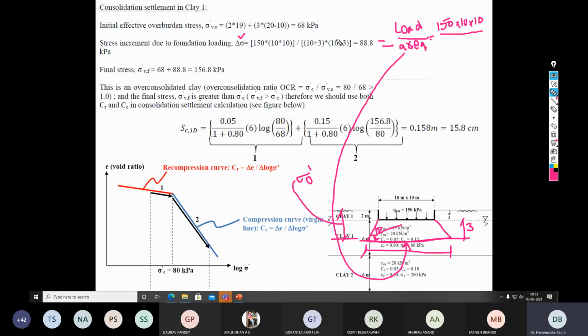So calculate delta sigma, that is load by area. Here the total width, if you take one horizontal to two vertical, will become 10 plus 3, that is 13 meter in one direction and 13 meter in the other direction. So 13 multiplied by 13, and what you get is 88.8 kilopascal.